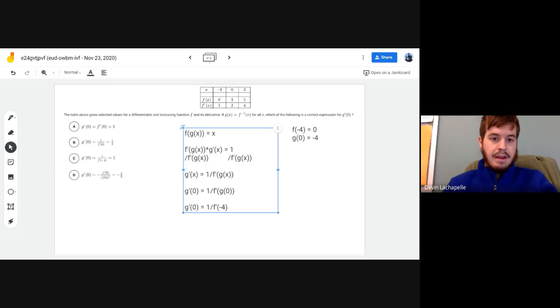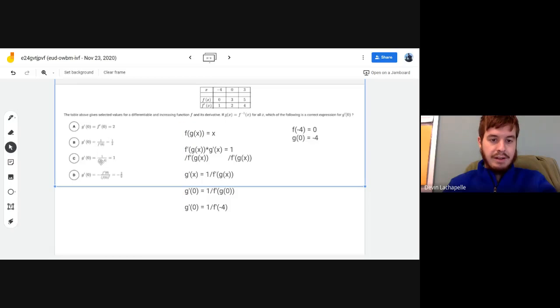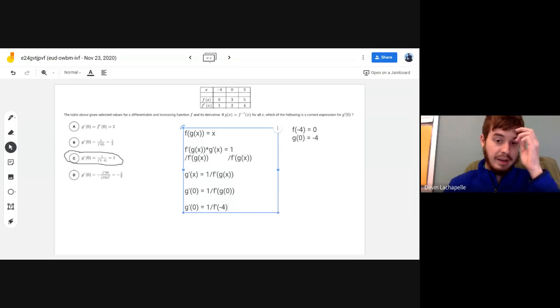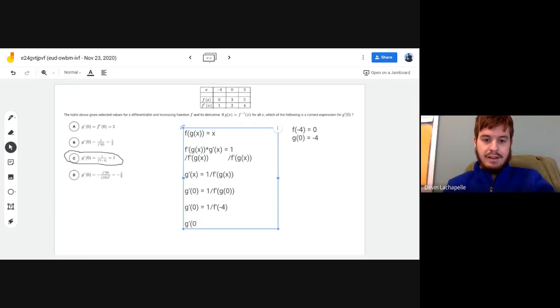And we actually have that value right here. g prime of 0 equals 1 divided by f prime of -4. But just so we can double check that we solved it all the way, let's actually find the value of f prime of -4.